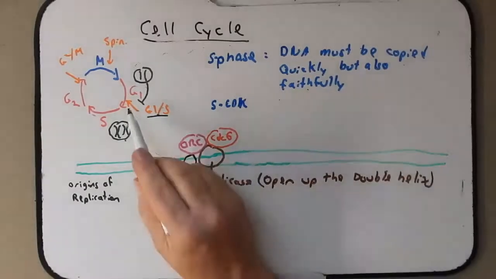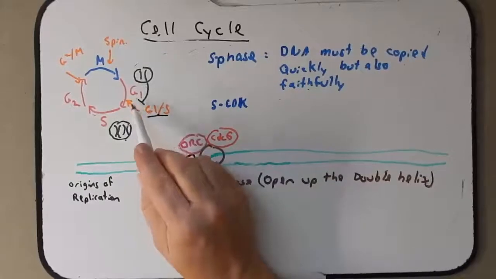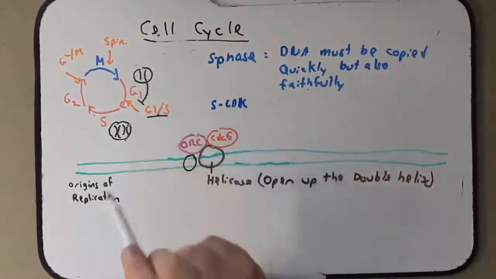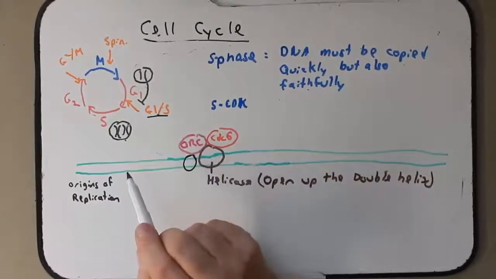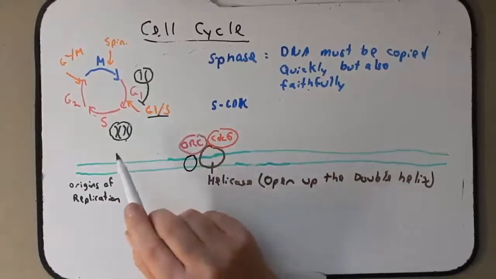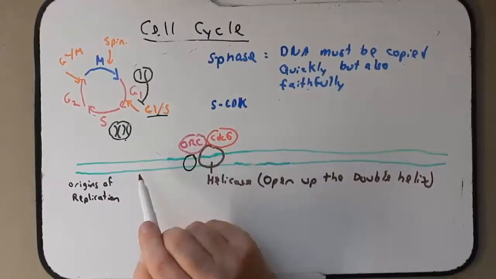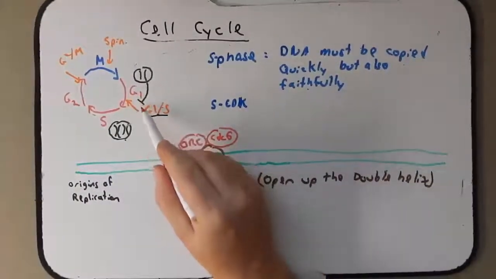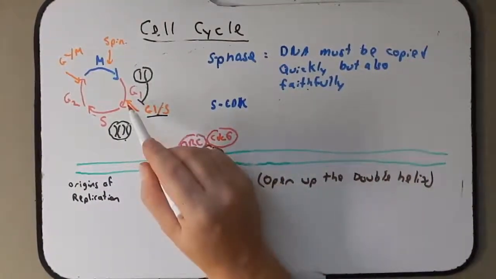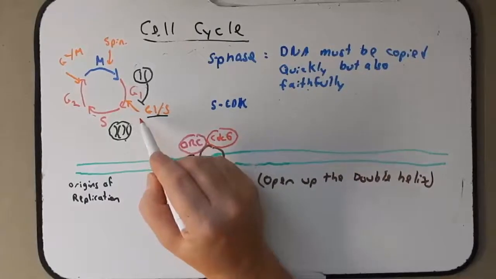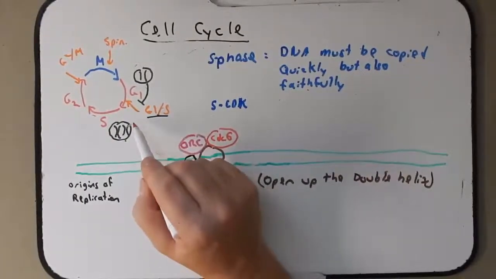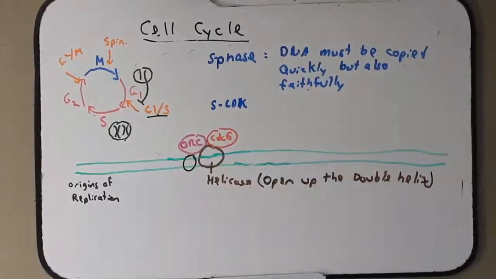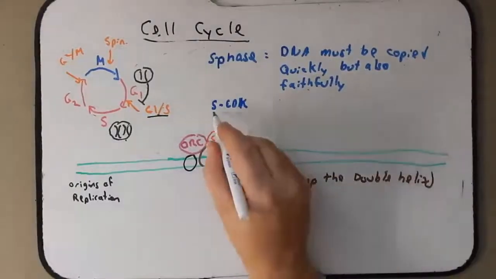It is just waiting for that signal that it's time to move past this checkpoint, meaning there's no mutations in there, there's been a mitogen that has bound to the receptor on the outside of the cell, it's ready to copy our DNA. So if you remember from the previous whiteboard, once E2F starts transcribing those genes, some of the genes it transcribes are genes that will activate S-CDK.